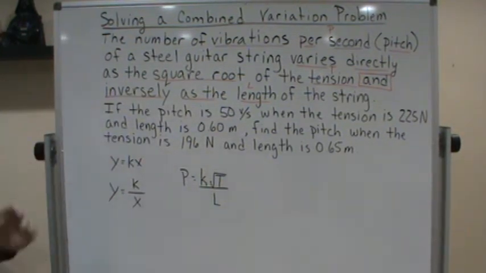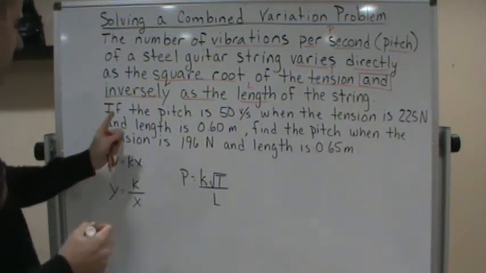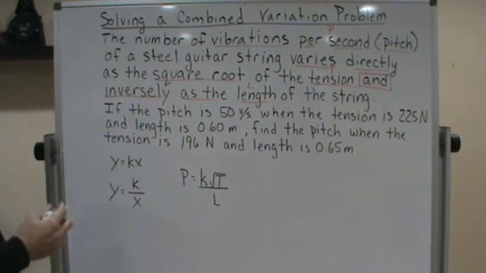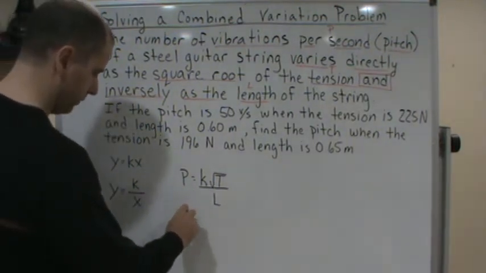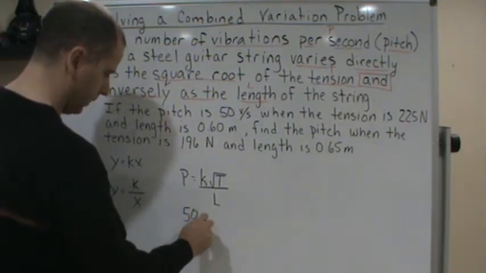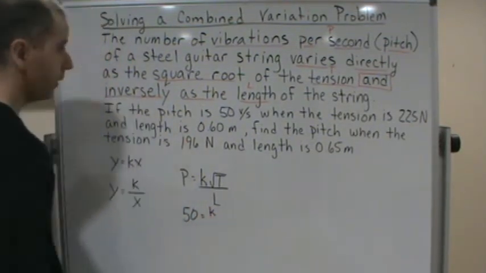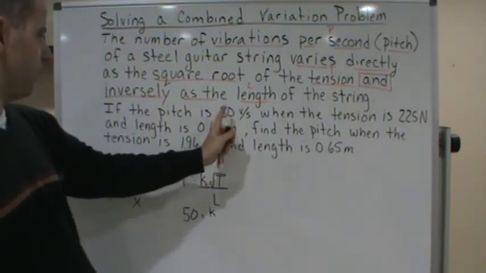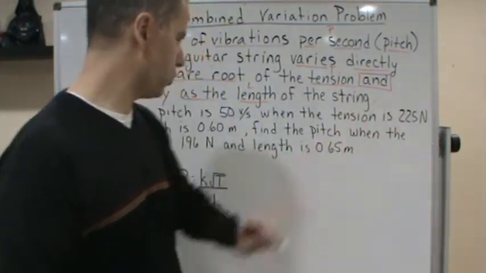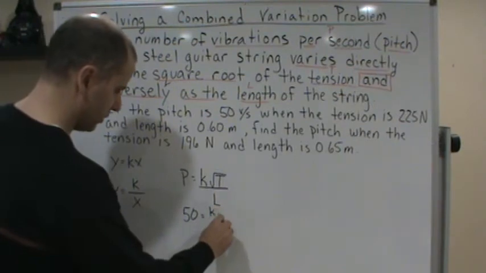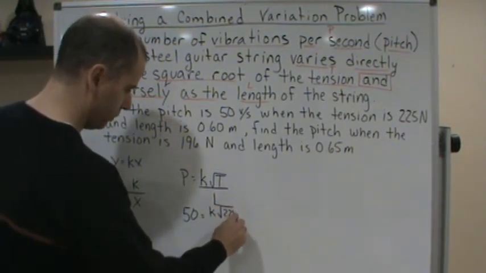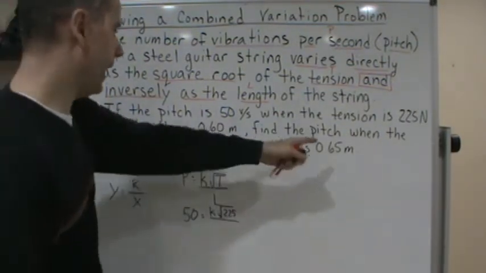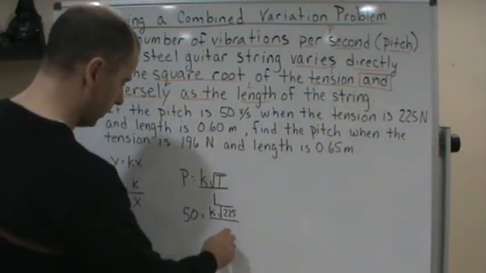Now, what's the next step? We've got to use the information they've given us in the problem to solve for k. Well, what's P? It says the pitch is 50 vibrations per second when the tension is 225 newtons and the length is 0.6 meters.